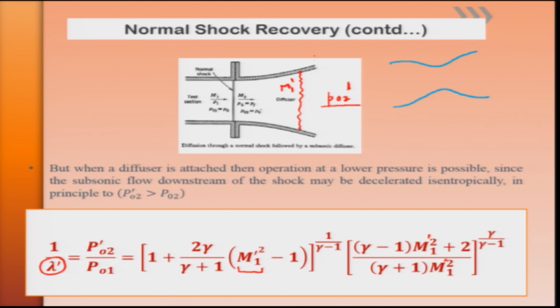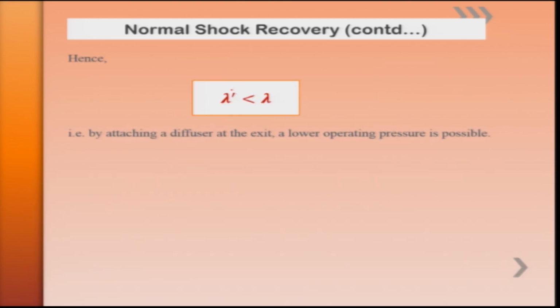Hence this lambda dash becomes the operating pressure ratio for running this convergent divergent nozzle and diffuser assembly. And what we essentially see here is that lambda dash, the operating pressure ratio required to run this assembly, will be lesser than the actual one.